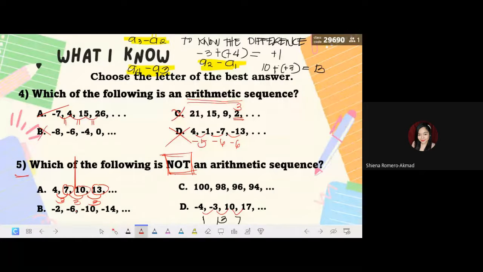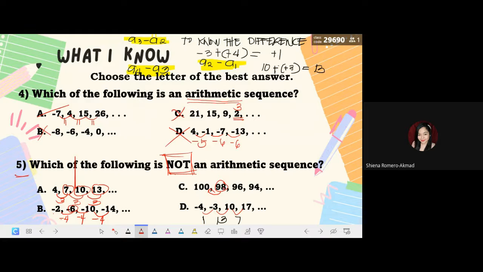Okay? Ganun din dito. Lahat ng sequences, arithmetic sequences. This term minus the previous term, this will give you negative 4. And so on. Okay, so pag nahihirapan kayo hanapin yung common difference or yung difference, all you have to do is to subtract that term by its previous term.